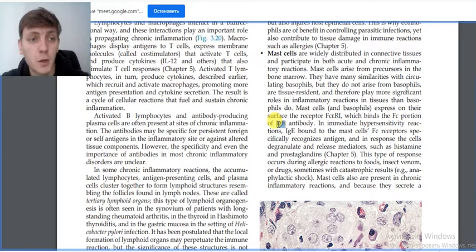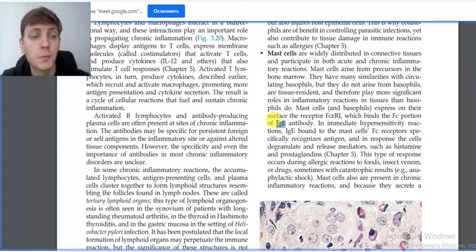And you remember how receptors work. When a ligand is attached to a receptor, it causes some activation inside the cell. So here we have the same. But what is the ligand for IgE? Of course, it's antigen. And when antigen is attached to IgE, it causes the same sequence of events which happens in normal receptors of the cell membrane. And in mast cells, it causes the degranulation of the mast cell.